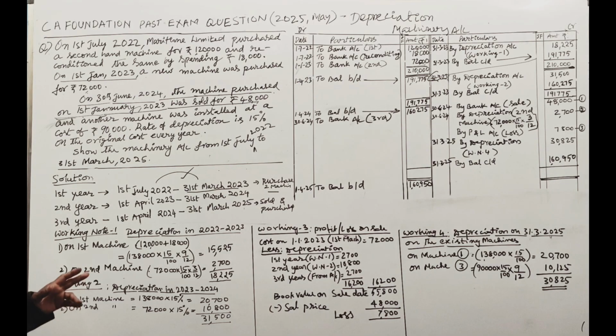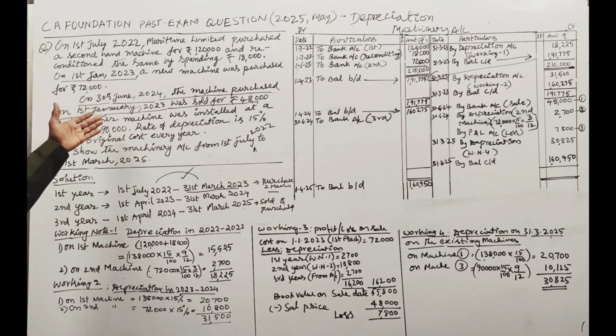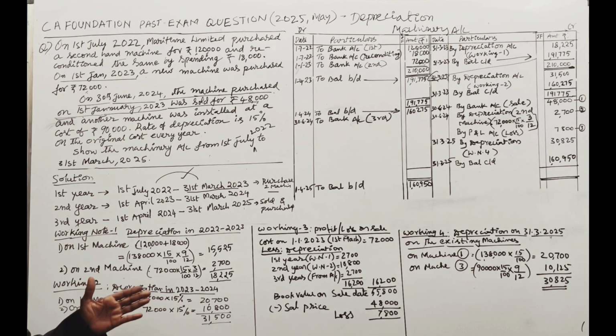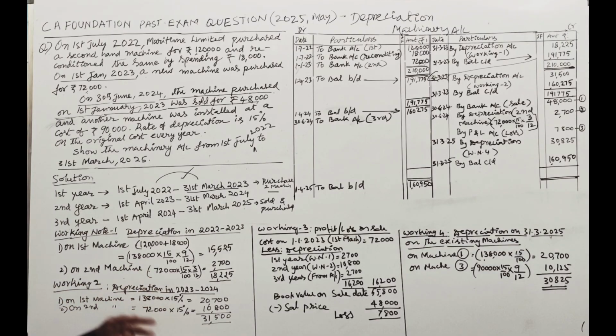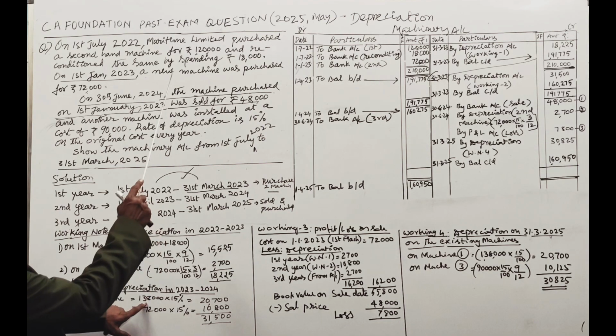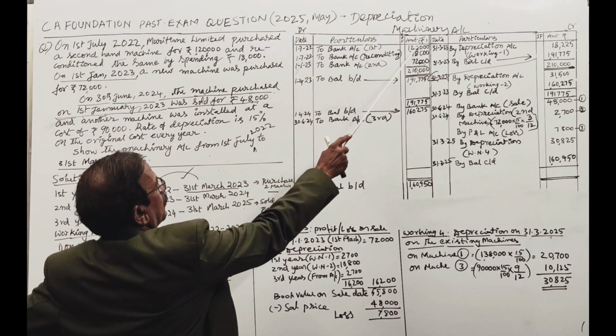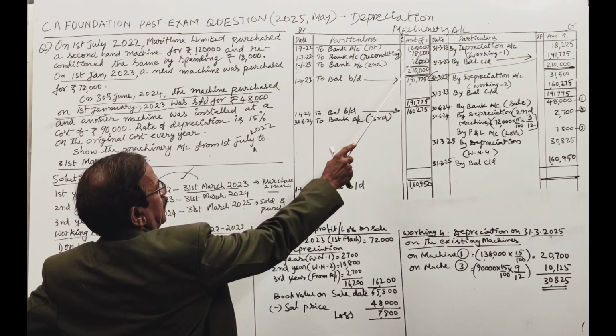There are two machines. One is the first machine, the other is the second machine. These two machines were purchased in the last year and they worked throughout the second year. Since they worked throughout the second year, we have to calculate the depreciation for the whole year on these two machines. Now the calculation will be like this. On first machine, 1,38,000. How 1,38,000? This is 1,20,000 plus 18,000.